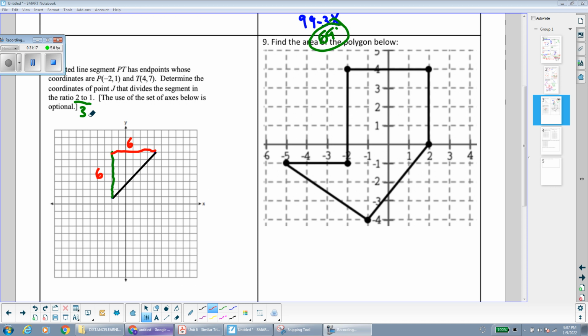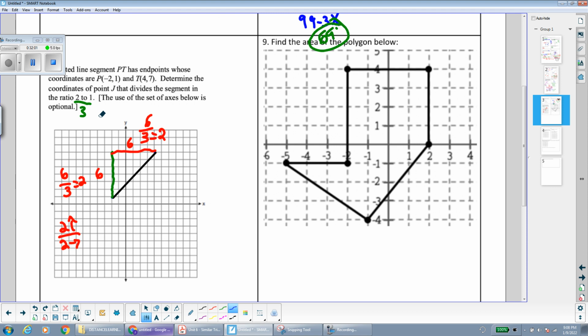That tells me what my rise and my run are going to be to split up this line segment. 6 over the number of parts is 2, so my rise is 2, that means 2 up, and my run is also 2, 2 to the right.